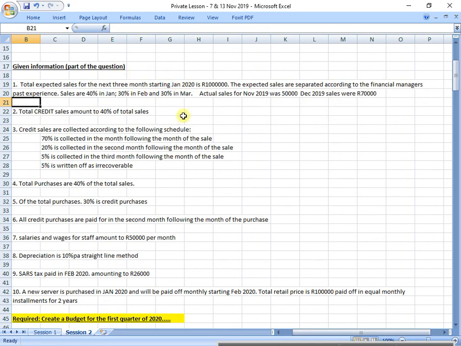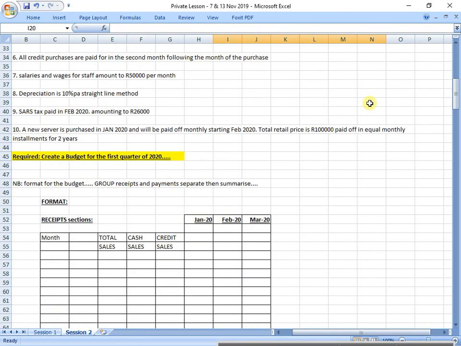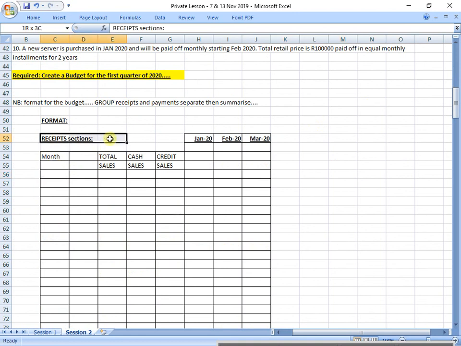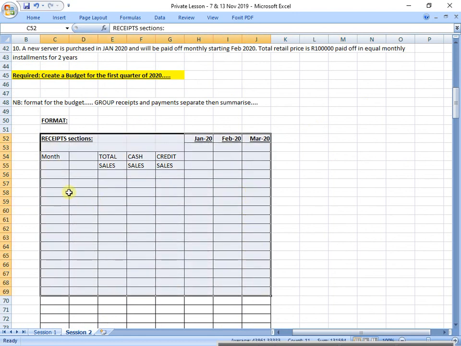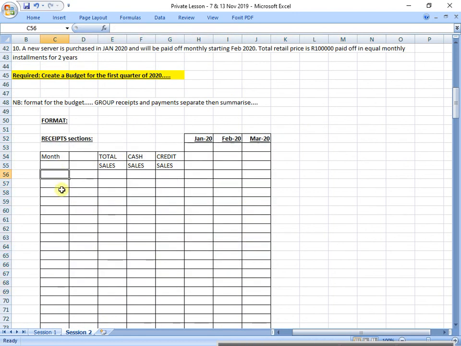Obviously, you're going to have to start with the earliest date that you've got. So what date do I have? December, November, which is the earliest date? November. So when looking at my receipts section, things start in November, then December, then January, then February, and then March.